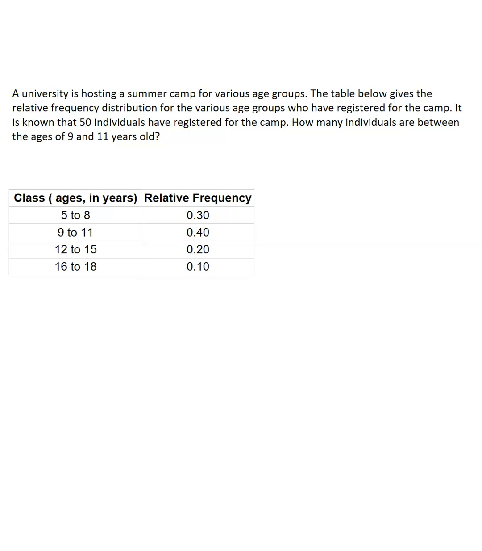We do have some help. We're told that there are 50 individuals totally in this table who have registered for the camp. So we are asked to find how many individuals are between the ages of 9 and 11 years old. If you look at it correspondingly on the relative frequency column, you see 0.4. So then you have basically the frequency.